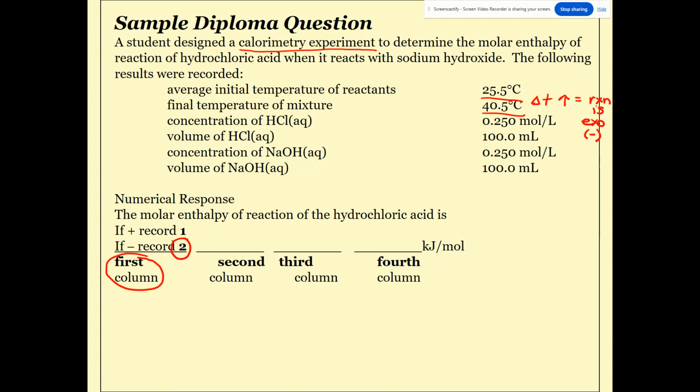Okay, so since this reaction is exothermic, I'm going to set it up as heat being lost by my reaction again, because it's exothermic. Now, what are we looking for? We are looking for the molar enthalpy of hydrochloric acid. Hydrochloric acid is HCl. So I'm going to set this up as my heat is being lost by the reaction of HCl, and it is being gained by the solutions, which are the water.